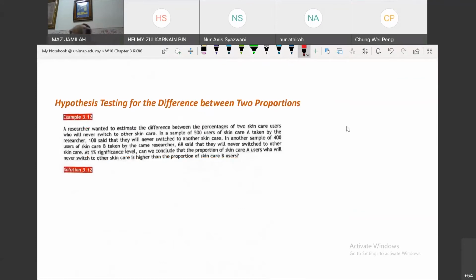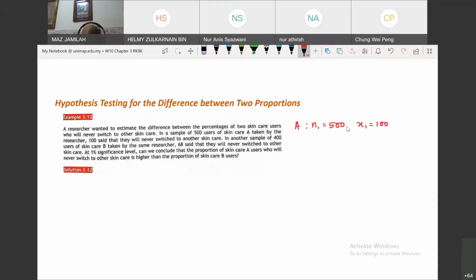Now, for hypothesis testing, look at example 3.12 on page 99. A researcher wanted to estimate the difference between percentages of two skincare users who will never switch to another skincare. In a sample of 500 users of skincare A, n1 is equal to 500, 100 say, so x1 is equal to 100, that they will never switch.